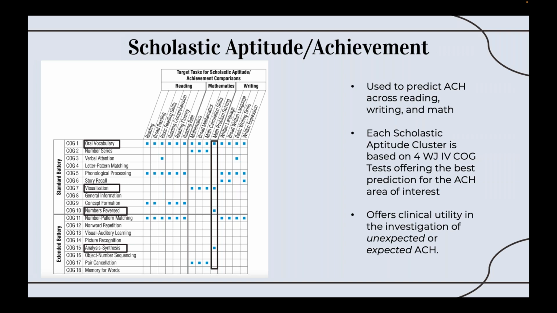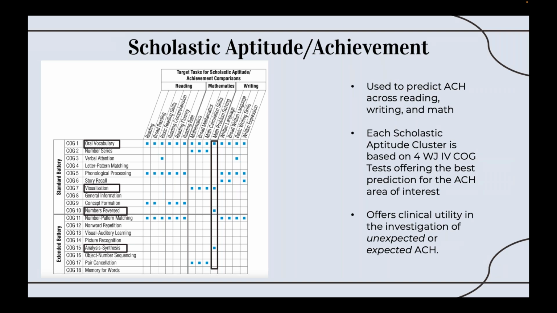If Sarah has low math problem solving aptitude based on her performance on these 4 tests that are listed here, then we would also expect her to have low mathematical achievement on the actual math problem solving cluster of the WJ4 Achieve. So that would be consistent if she's low in both. But if she's high or more developed on the cog and less developed on the Achieve, that would give us some indication of inconsistency in what she is actually demonstrating based on her aptitude from the cognitive.